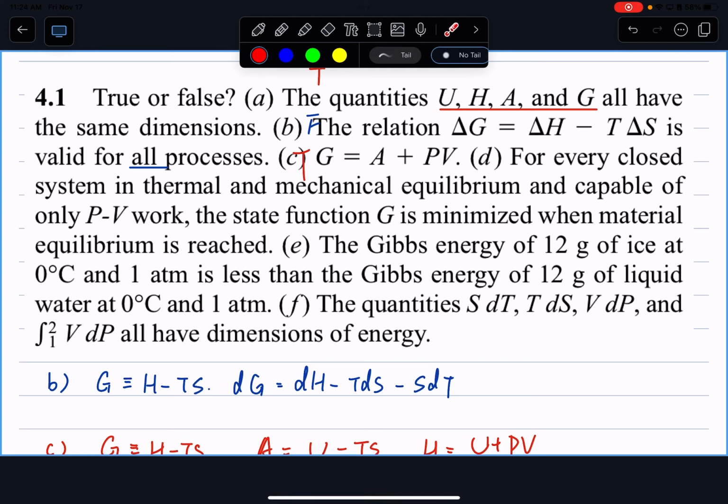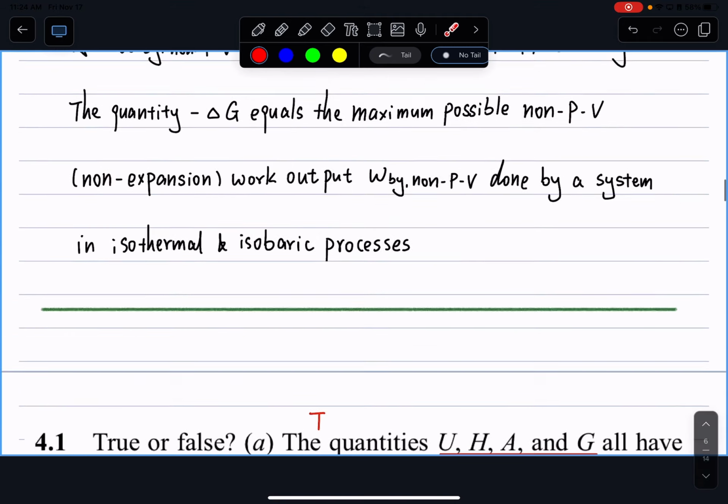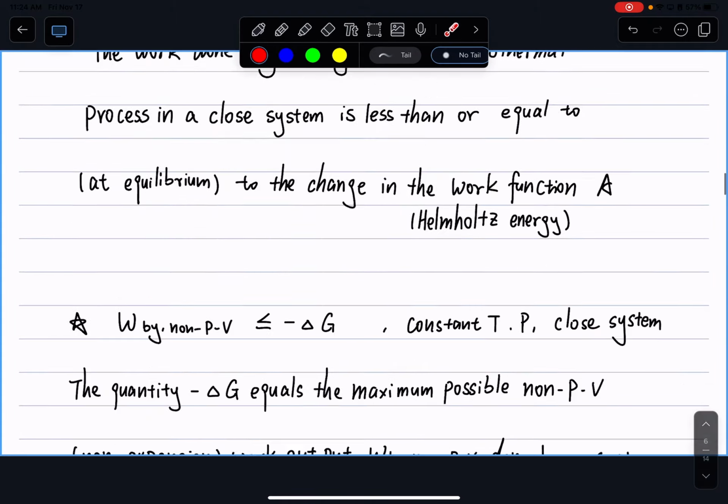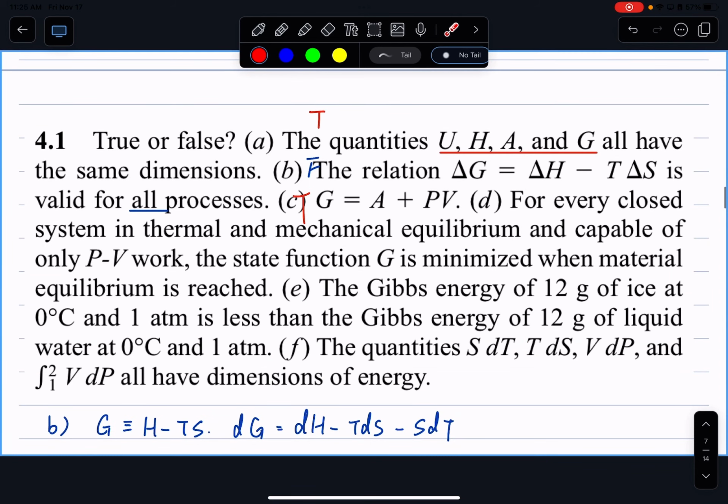Next one. For every closed system in thermal and mechanical equilibrium and capable of only PV work, the state function G is minimized when material equilibrium is reached. It's really tempting to say true to this statement, but if you think about our definition before, there's a requirement for constant T and P. So if we want to use that statement, we must specify constant T and P, and thus that is not true.